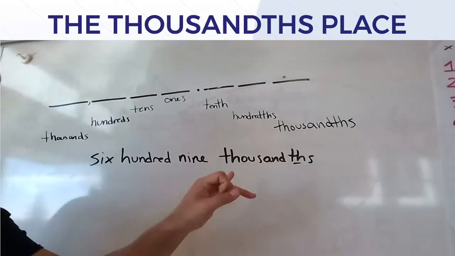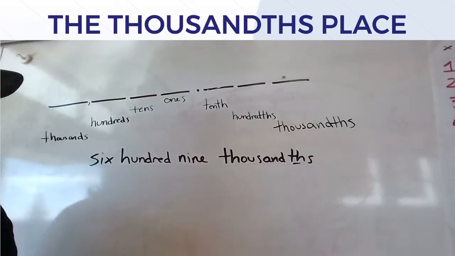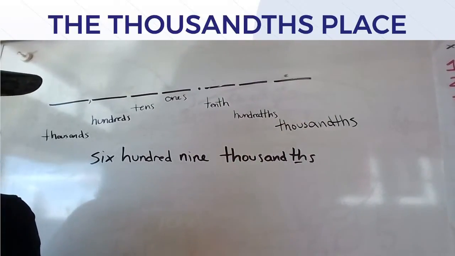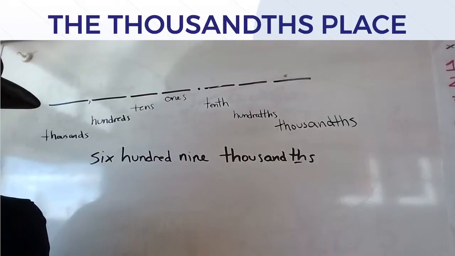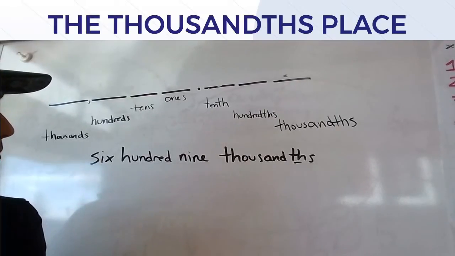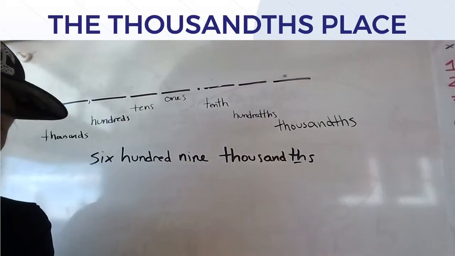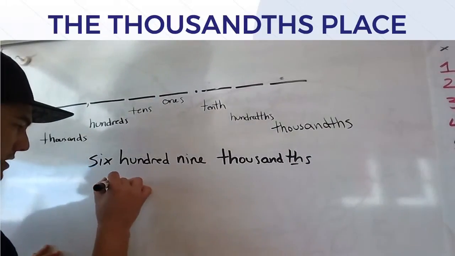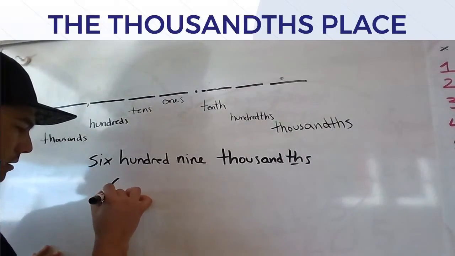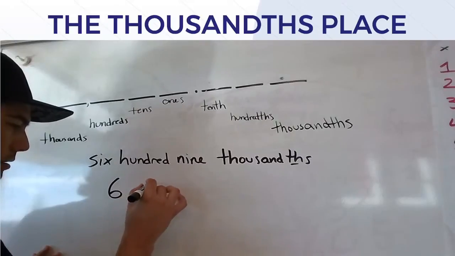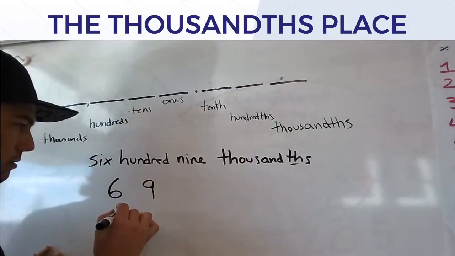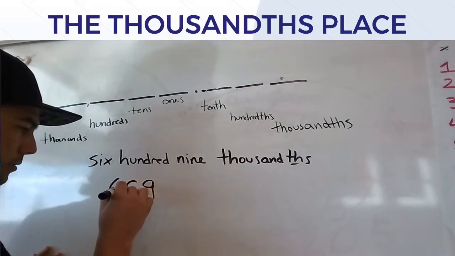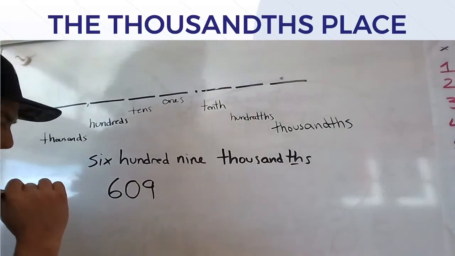So we know we're going to end in the thousandths place. Now let's think about that 609. How would you write out 609? Okay, and this one might help if you write it out as a whole number. Okay, so what would 609 look like? 600s, there's 9 ones, and we don't have any 10s, so we need a 0 in there as a placeholder.